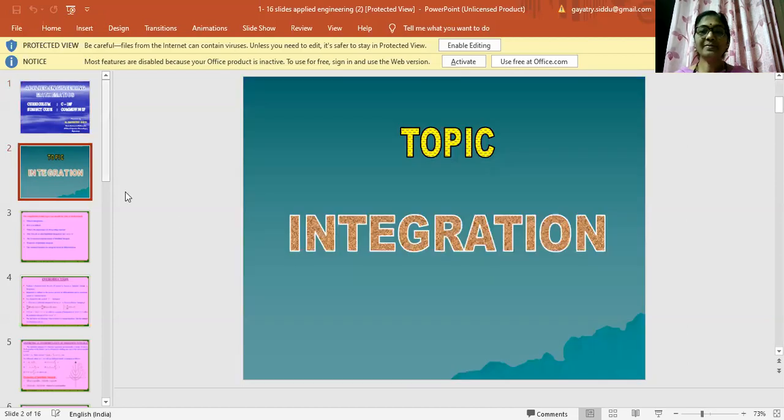The topic is integration, which is a major topic, so we can't complete it in one session, but we will learn the basics of integration in this session.